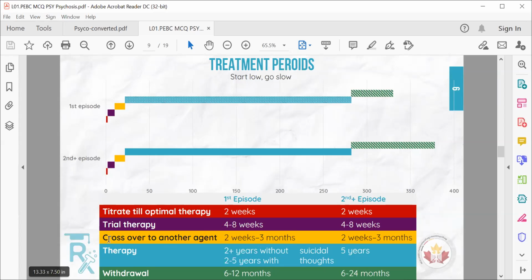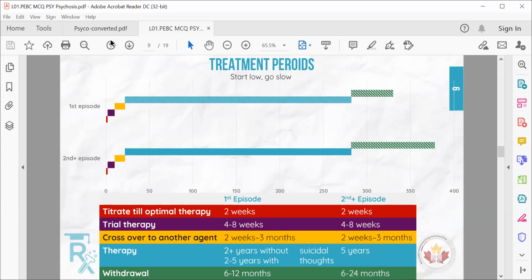No, I need to make a crossover between the two medications, which takes 2 weeks to 3 months, depending on how long I used the first medication. For example, I give Olanzapine to Mr. X for 2 months and there is no response. And I need to change him to Quetiapine.